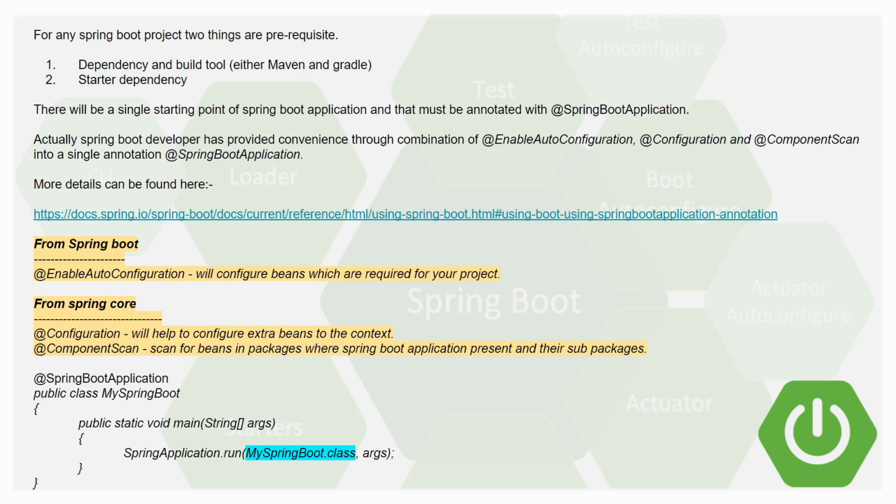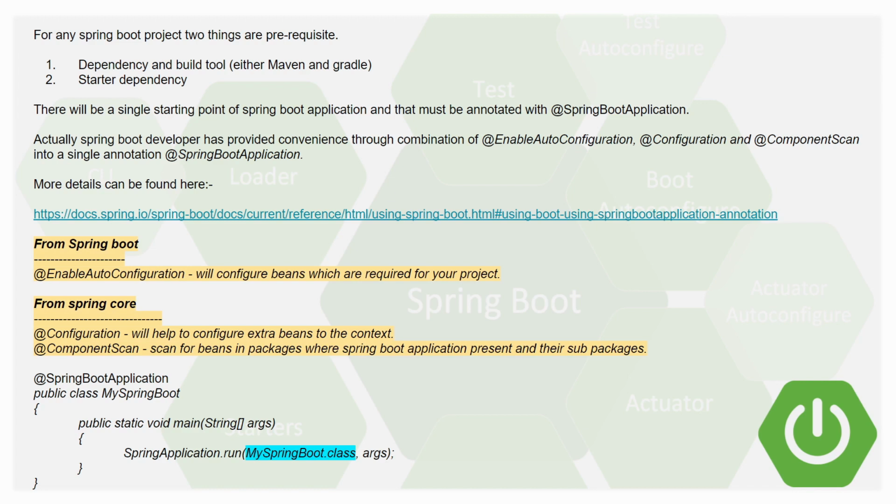Basically, there is a list of starters in Spring Boot. Let's say you want to develop a Spring Core application. You need some basic dependencies like Spring Core and Spring Context anyhow. So they clubbed those dependencies together and made one starter dependency.